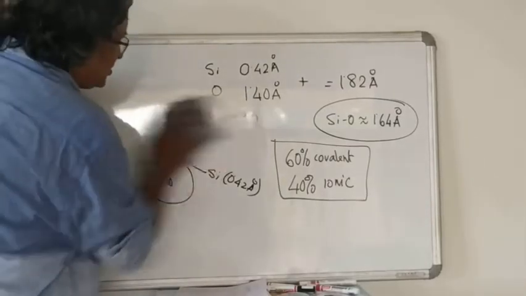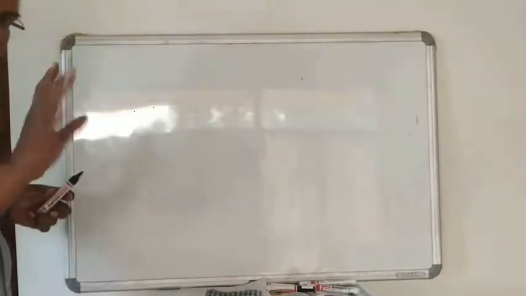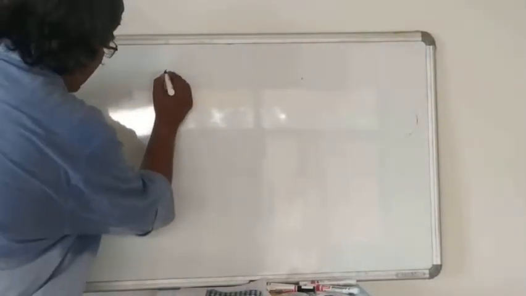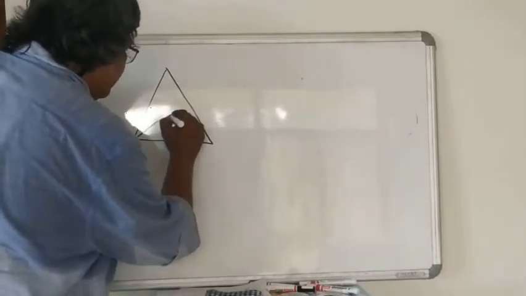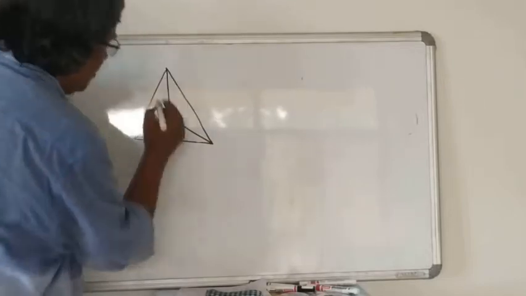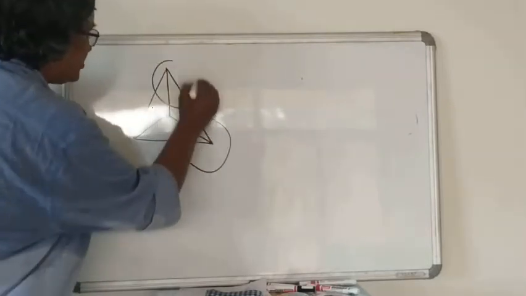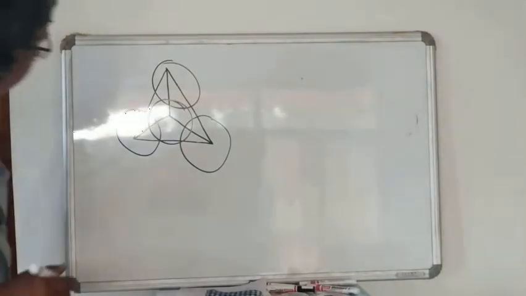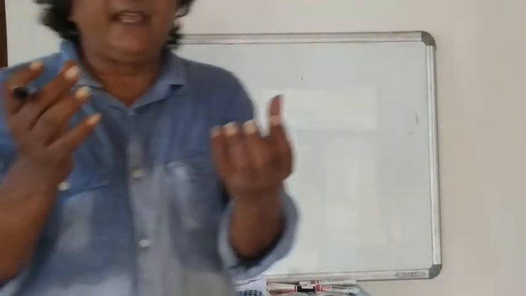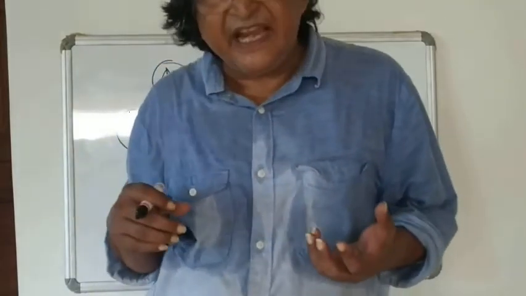But what happens is, our SiO4 tetrahedron, and we will go into this in some detail later on, looks something like this, where you have 4 oxygen atoms touching each other. Like if you have table tennis balls, ping pong balls, you place 3 on the board and 1 at the top, and that's a tetrahedron.